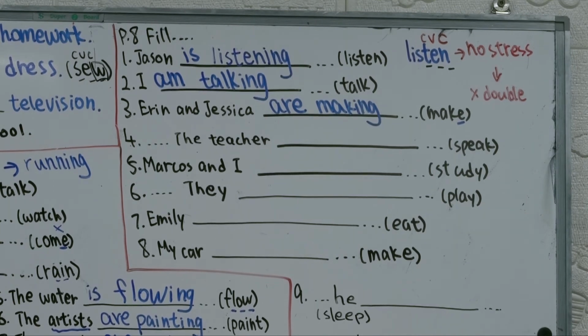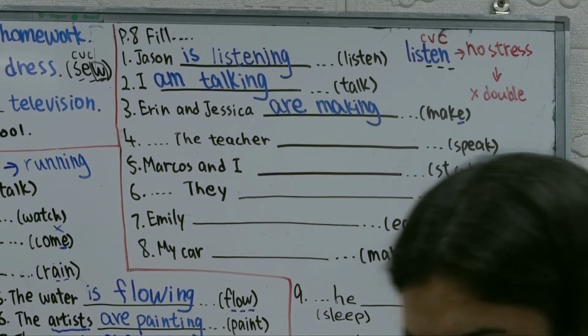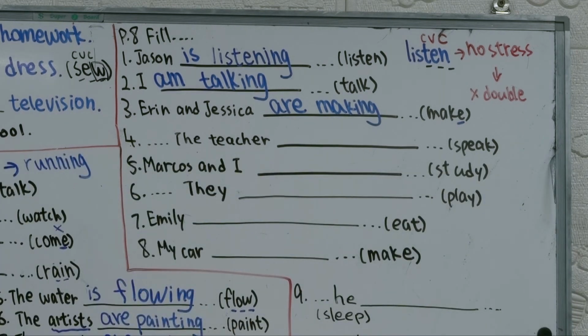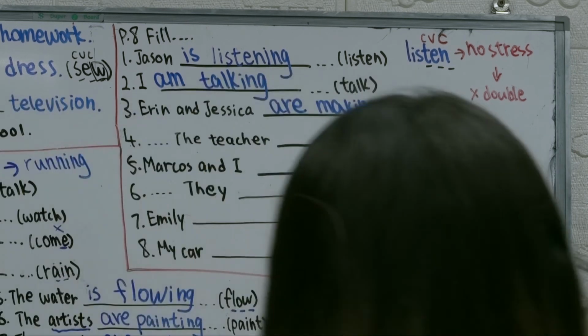Number 4, it says, shh, be quiet. The teacher space now. Speak. For the teacher, which verb to be do we use? Is M or R? The teacher refers to singular.